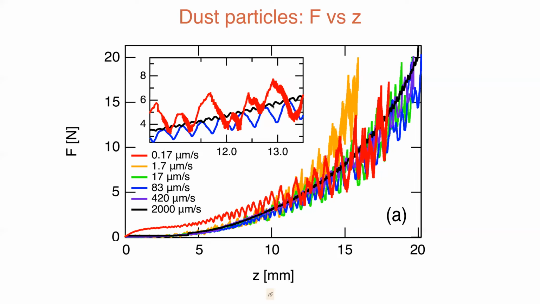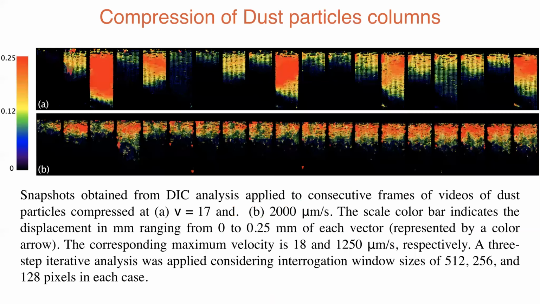So to understand why there is this difference, we took also digital image correlation analysis by comparing two consecutive frames from videos taken from the front lateral view. And you can observe that for low compression rates, all the sample is compressed.